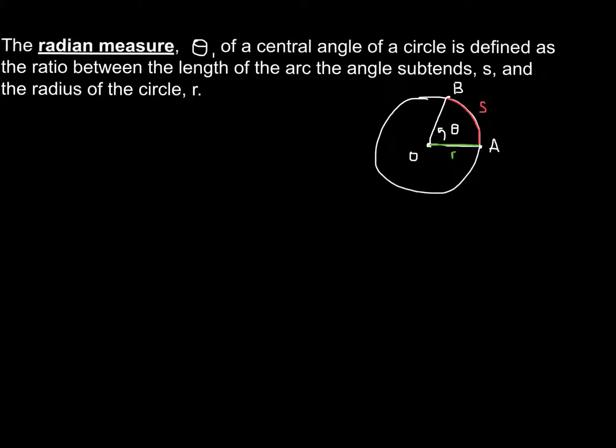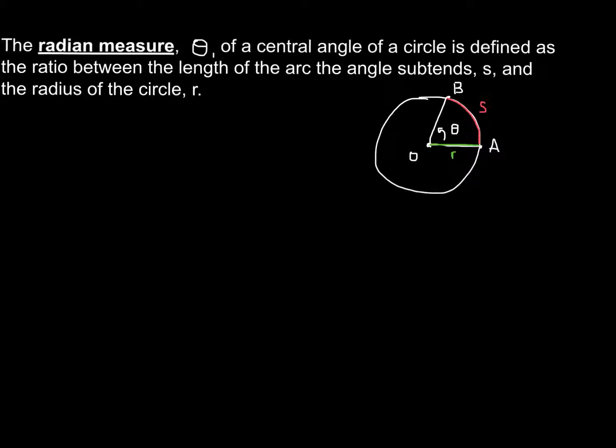Alright, so the radian measure theta of a central angle of a circle is defined as the ratio between the length of the arc the angle subtends, S, and the radius of the circle, R. Okay, so a lot of words in there, and I want to flesh it out for us. For any circle, we can create an angle by taking an initial side, rotating a certain length around the circle to a point where we stop, defining that as the terminal side, and that is the angle that we've rotated.